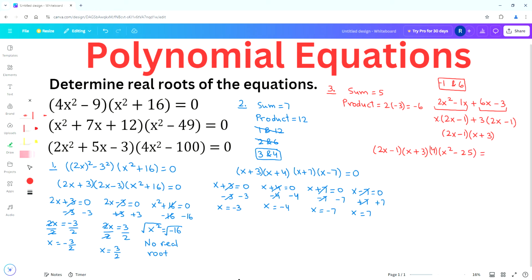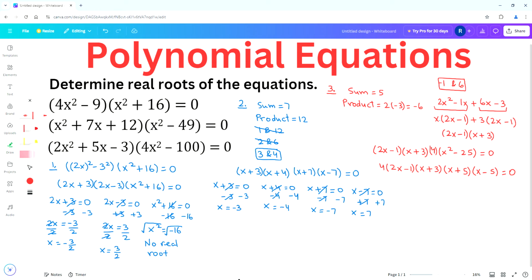So we can break down x squared minus 25 as x plus 5 times x minus 5. We can move the 4 to the front of the equation. This is the fully factored form of the given equation.